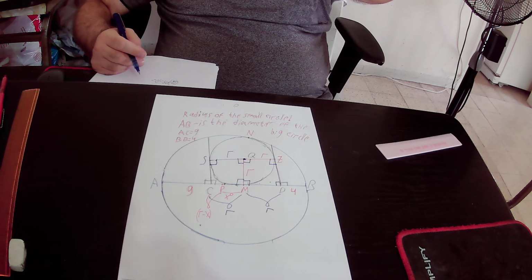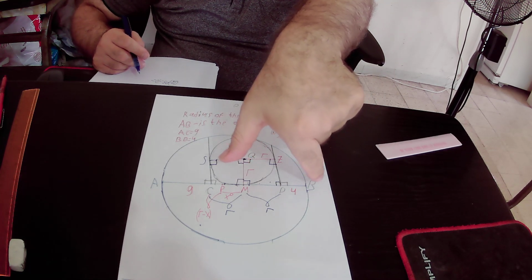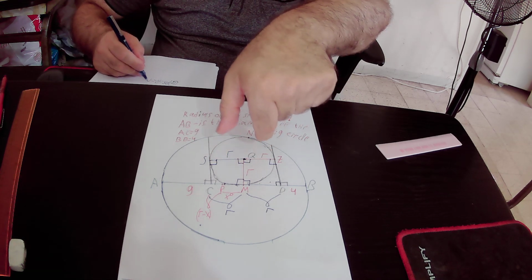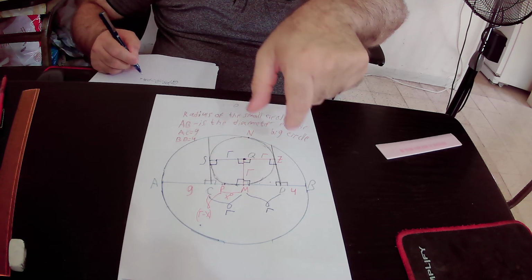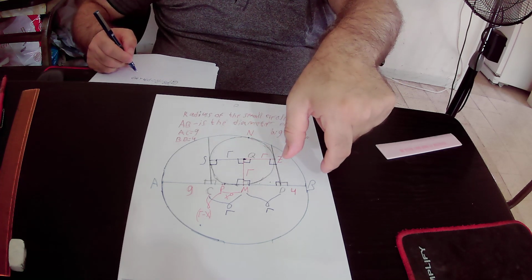But what is the value of PB? PB equals PM plus MP plus DB.